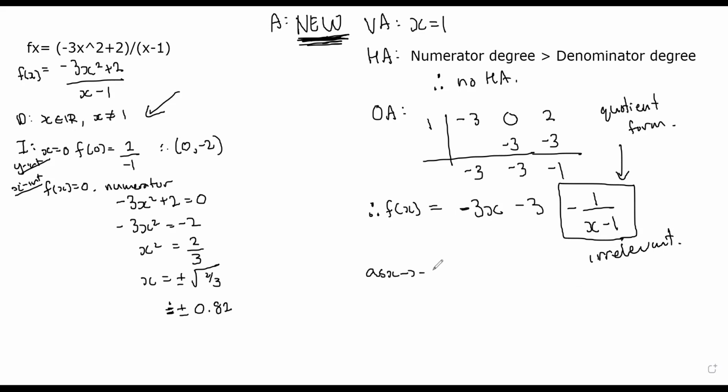As x approaches negative infinity and as x approaches positive infinity, f of x is going to be, let's do positive first, negative 3x minus 3. It's going to be a negative slope line minus 0, right? Minus a fraction. It's going to be minus 1 over infinity.